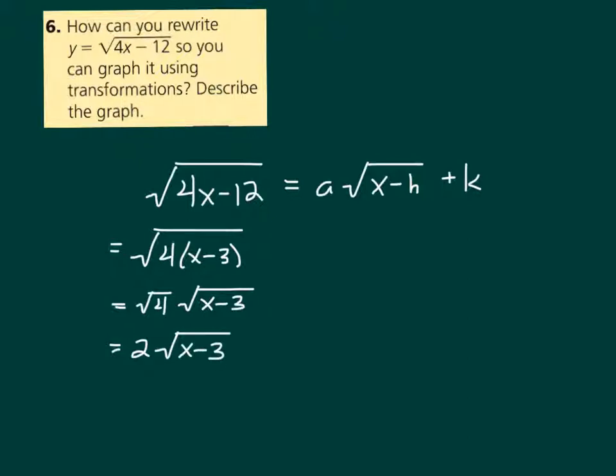So now it is in our form here, where a is 2, h is 3, k is 0, so there's no vertical shift. We have a vertical stretch and a horizontal shift. But that's what they mean by this wording. How can you rewrite it so you can graph it using transformations? They're saying rewrite it so it looks like this.